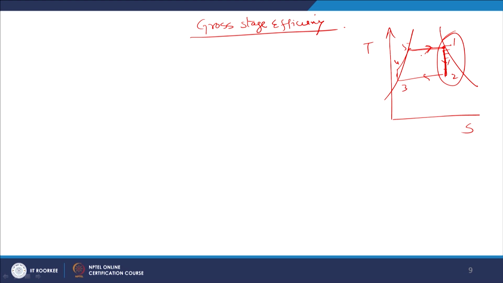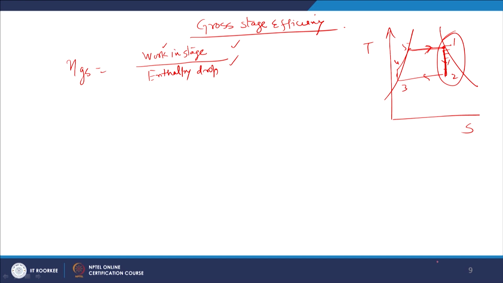So here in order to find the gross stage efficiency, we write first of all work output in a stage divided by enthalpy drop in a stage. There are two things: work output in a stage divided by enthalpy drop in a stage.